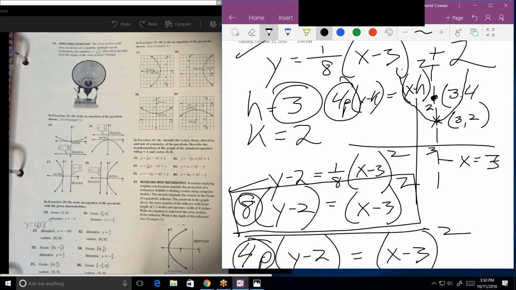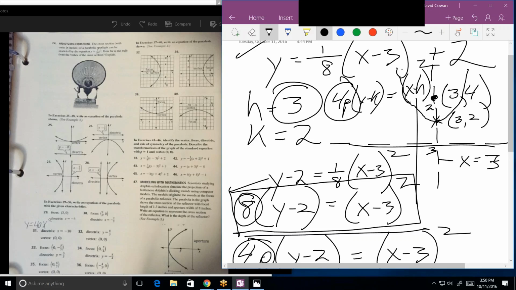Now, the last thing that we haven't done yet is the equation of the directrix. What is the equation of the directrix if P equals 2? 3, 0. No, it's the equation of a line. It's not a point. Y equals 3. No, y equals 0.